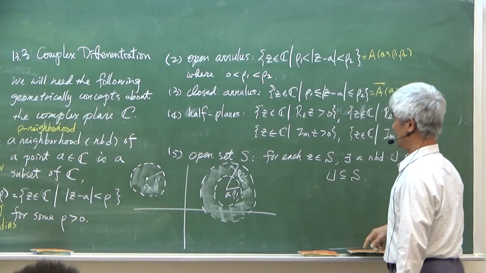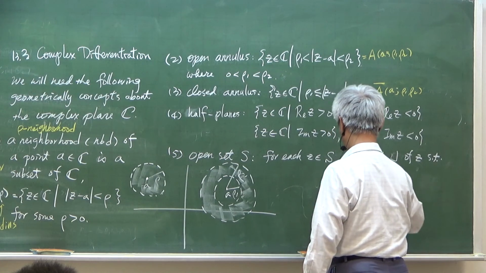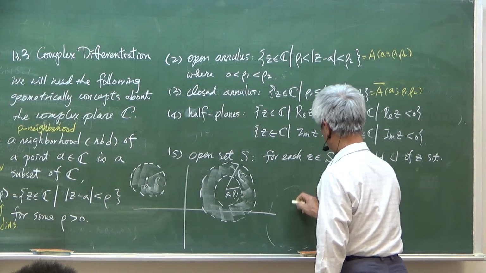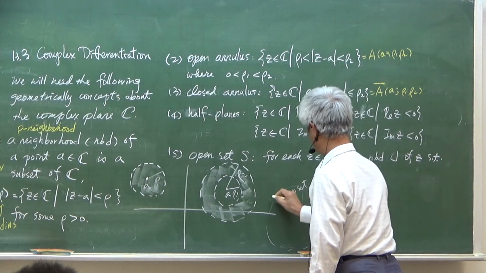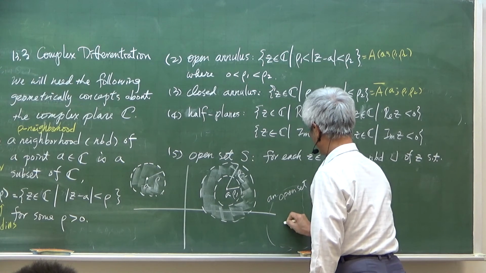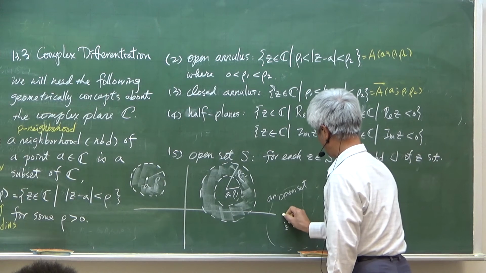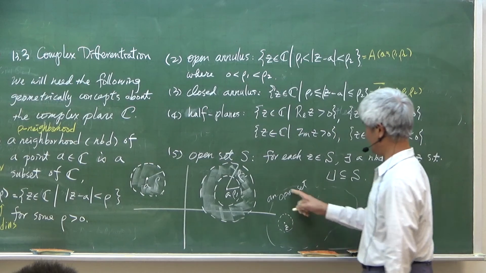For an open set, that means for each z here, we can find a neighborhood contained in the open set.